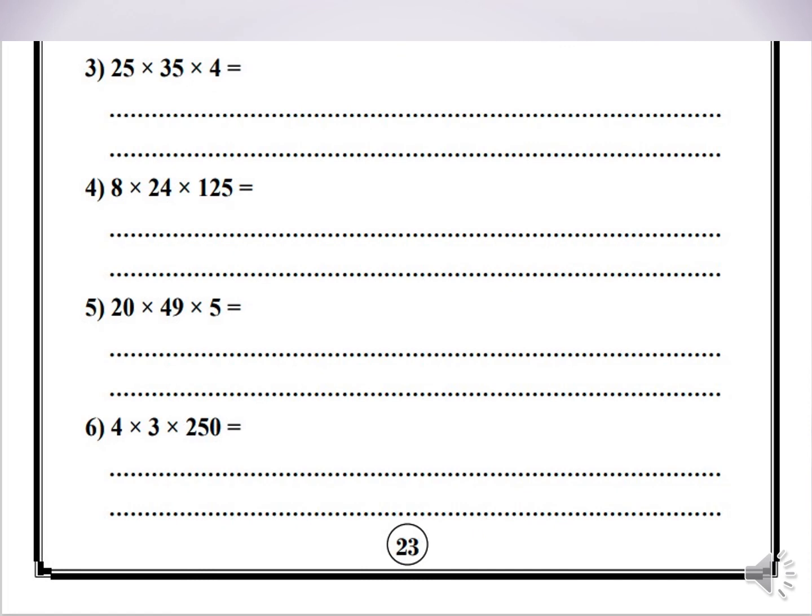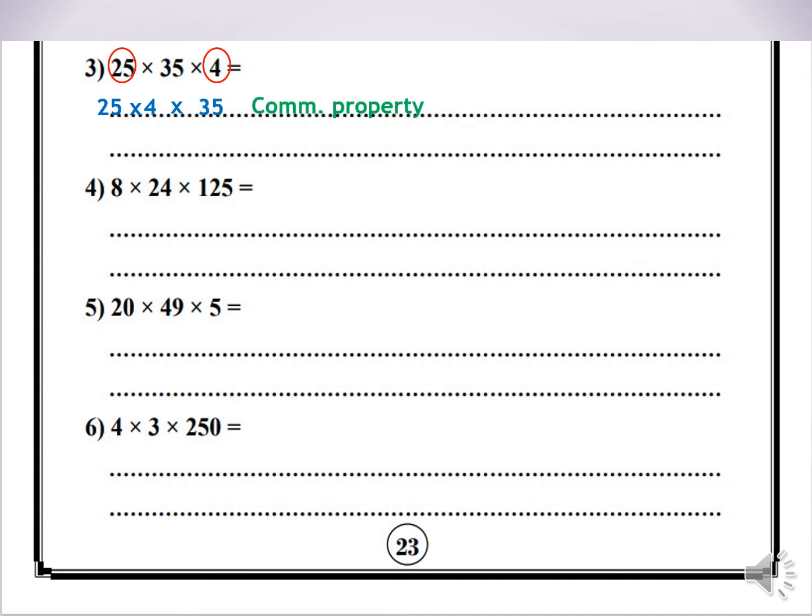Number 3, 25 times 35 times 4. Here 25 and 4 are friends. So I will change the place of the 4 to be beside 25. So this is a commutative property. 25 times 4 times 35.